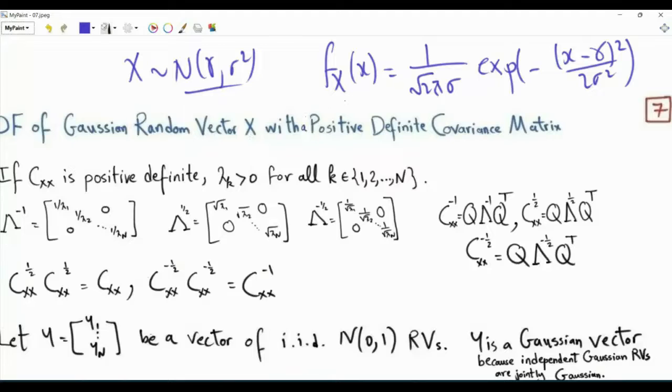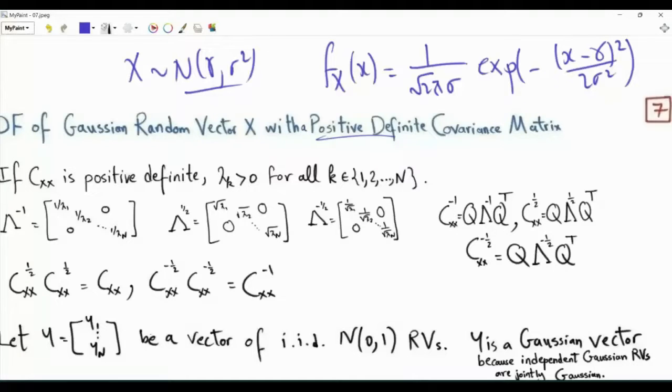What is the joint PDF? In other words, our goal is to derive the multivariate Gaussian distribution. For this, we will need to assume that the covariance matrix is invertible. So it is positive definite, its determinant is strictly positive, and all the eigenvalues are strictly positive.